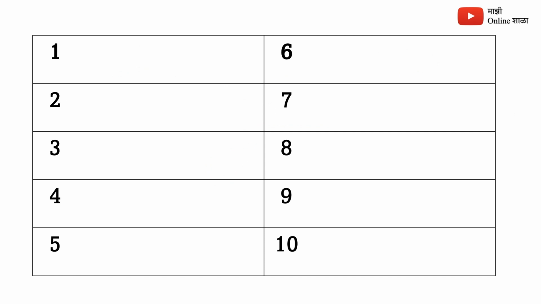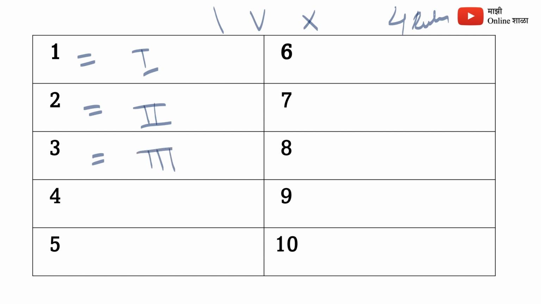Now, this is 1 to 10, and for 1 to 10 I have to make Roman numerals. So, I will apply the symbols I, V and X and the 4 rules which I have learned above. Okay. So, Roman numeral of 1 is I, Roman numeral of 2 is I I, Roman numeral of 3 is I I I, and Roman numeral of 4 is I I I I? No, this is wrong. As per the rule, we cannot write the symbol more than 3 times.